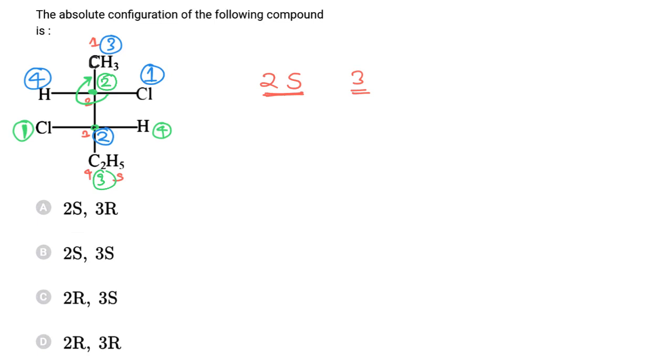Now moving from 1 to 2, 2 to 3, we are going clockwise, so configuration should be R, but least priority is not present in vertical line, so configuration will be S. So at second carbon configuration is S, at third carbon configuration is S. So 2S, 3S is correct answer, and hence correct answer is B.